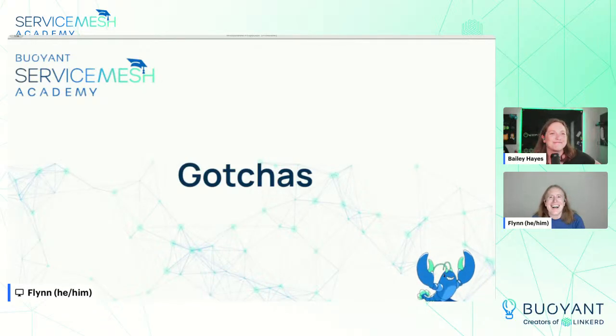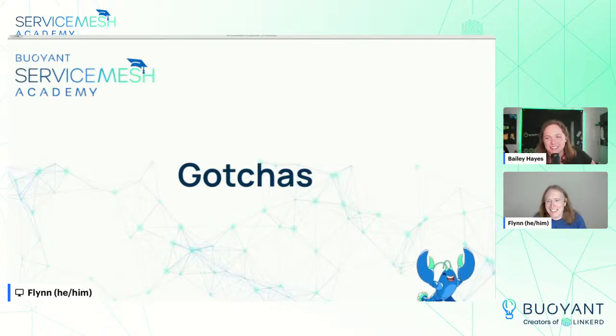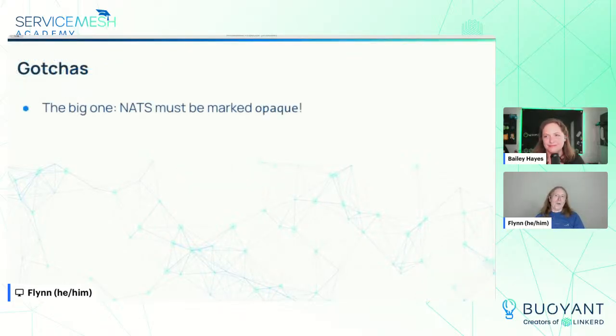Really, it is. Gotchas. We like to talk about gotchas in Service Mesh Academy because this is real technology as opposed to ideal technology, and there are pretty much always some gotchas. There are a couple of interesting ones here for sure. The big one, if you're working with Linkerd and wasmCloud, is that you must mark the NATS port as opaque.